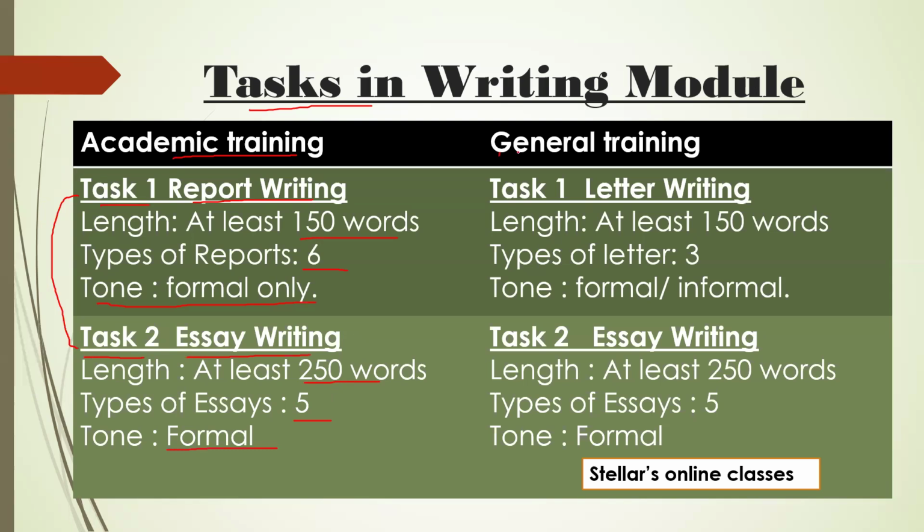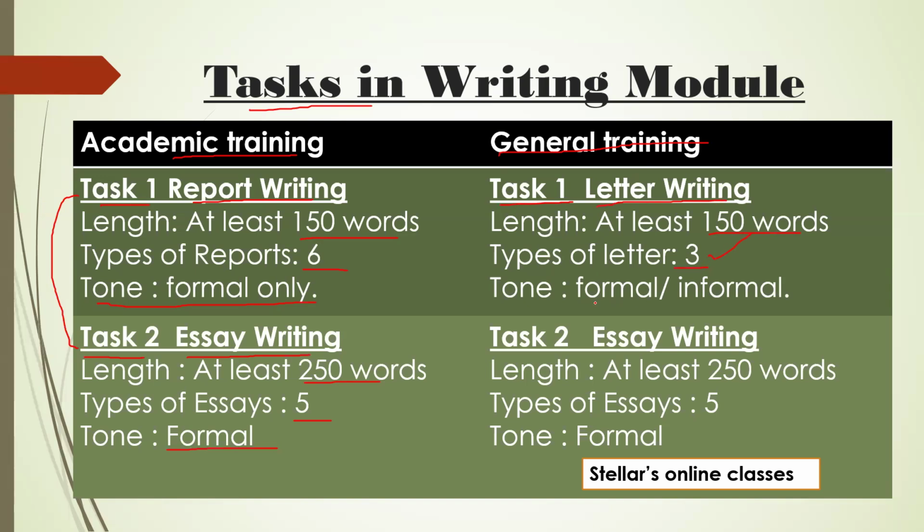Moving to the general training, meaning GT students, task 1 will be different from the academic student. That will be letter writing, where the student has to write at least 150 words. The candidate will get one of 3 types of letter, so there are 3 types of letters in total.